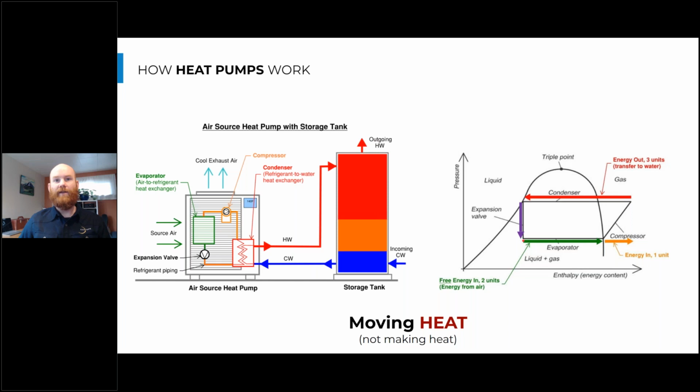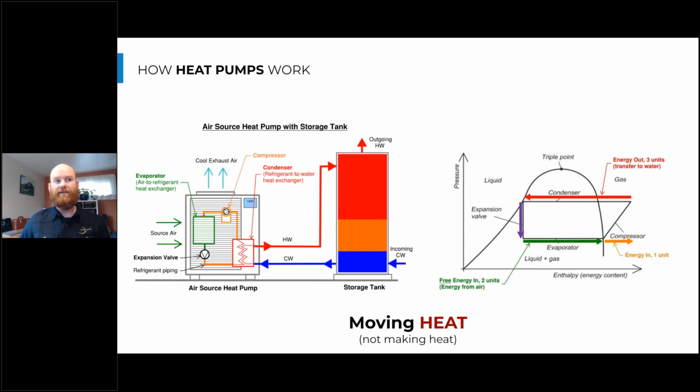So we can blow heat from our air into that refrigerant through the heat exchanger and get essentially free or low cost heat into our refrigerant. So you can see here that we get about 2 units, I'm calling this, of free energy from the air through our evaporator. But we're still at a low pressure, low temperature.